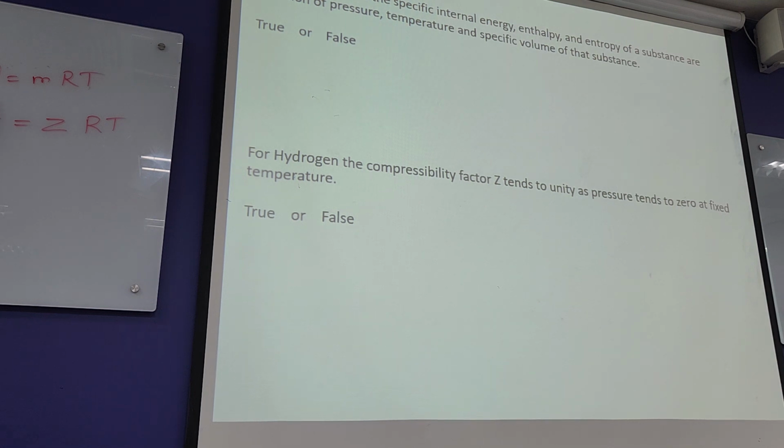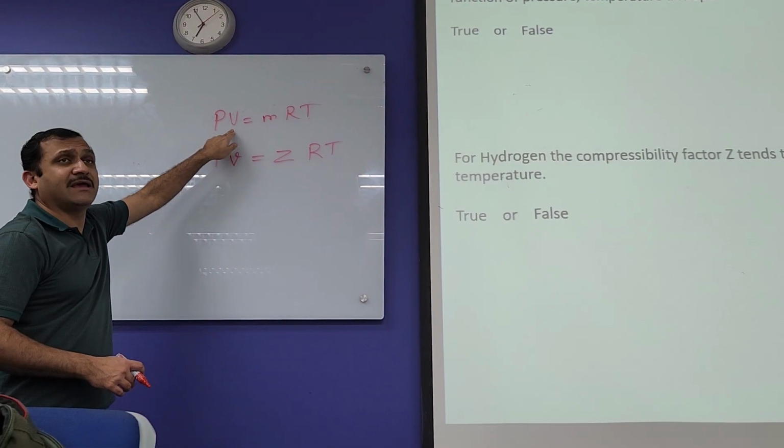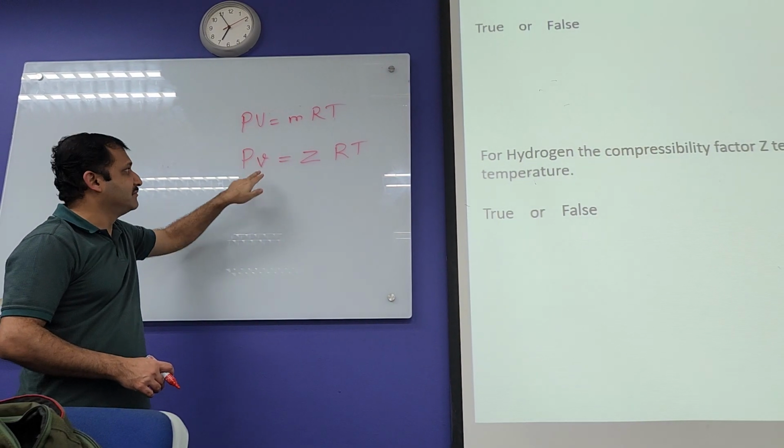Okay? So do you know the difference between capital V and small v? What is that small v stands for? Specific volume, which is meter cubed divided by mass. So we are moving that mass there, becomes meter cubed divided by mass, which is that.